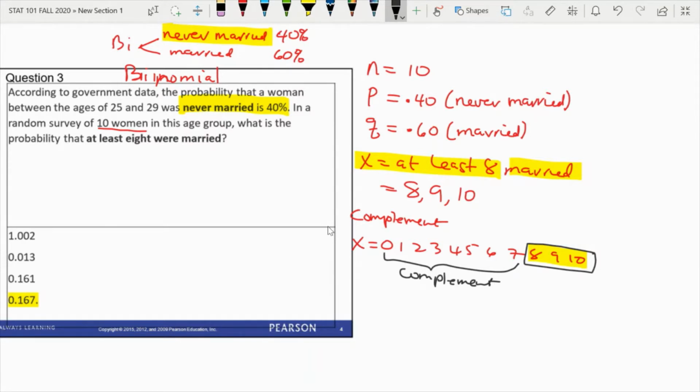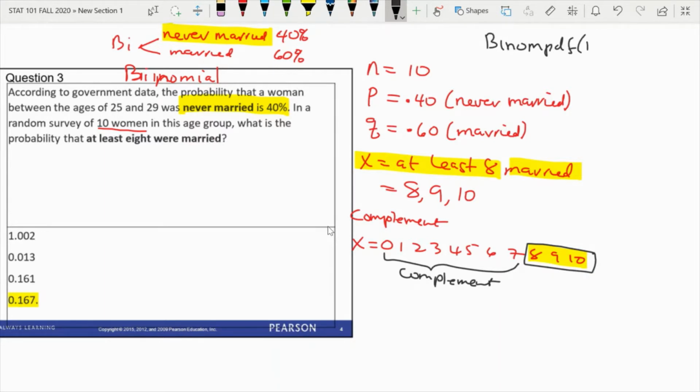Who raised a hand? I can't see that, so go ahead and talk. I was confused. You said that you could either do the complement or the normal PDF. Yes, I'm sorry, you could do the binomial PDF, not normal.